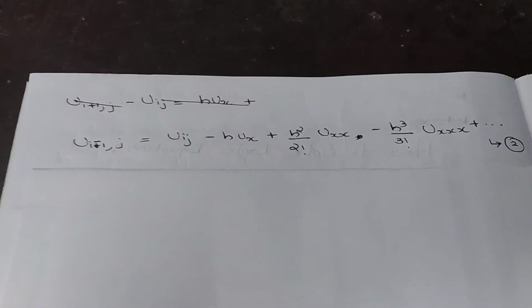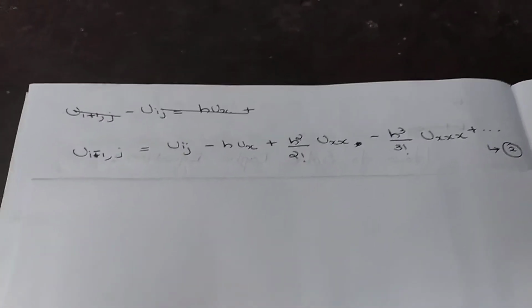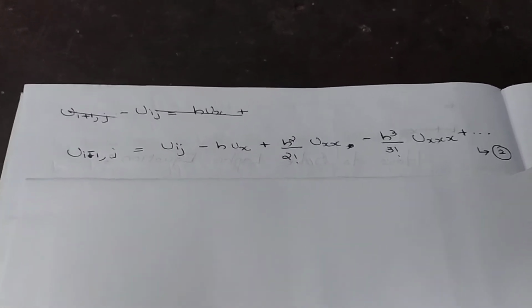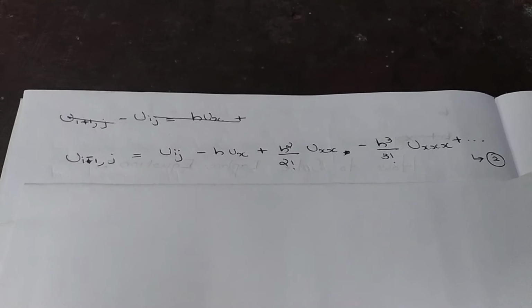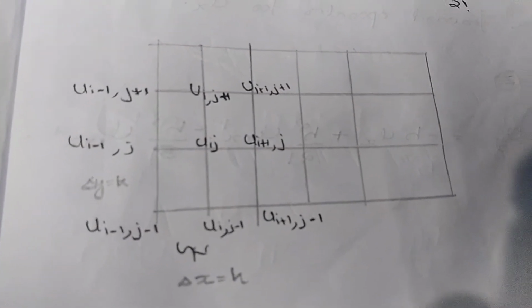Similarly, ui minus 1j is equal to uij minus h ux plus h square by 2 factorial uxx minus h cube by 3 factorial uxxx plus etc., and it is called the Taylor series expansion of ui minus 1j. You can see ui plus 1j and ui minus 1j in the following figure.